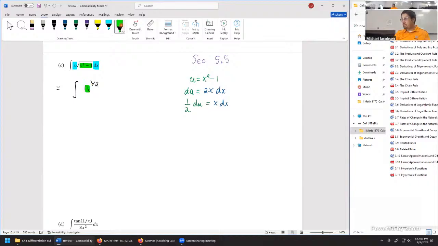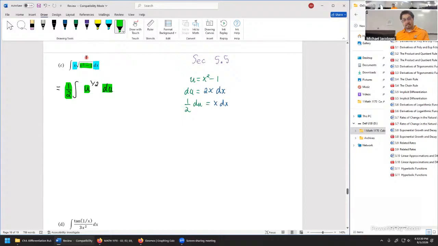X squared minus 1 is what we called u, and I just changed the format of the square root to its actual exponent, power 1/2. And next step is the entirety of x dx, whether they're separated or brought together, is just a 1/2 du. I'll place the 1/2 right here. Du, in the normal spot, we would place it on the integral, the far right. And that's all portions now substituted out.